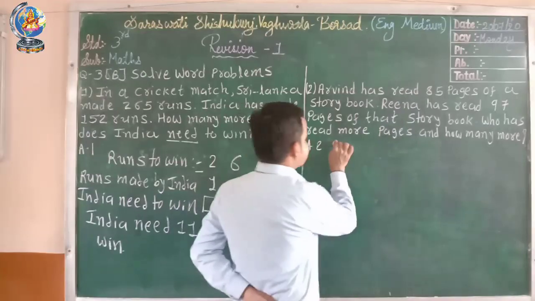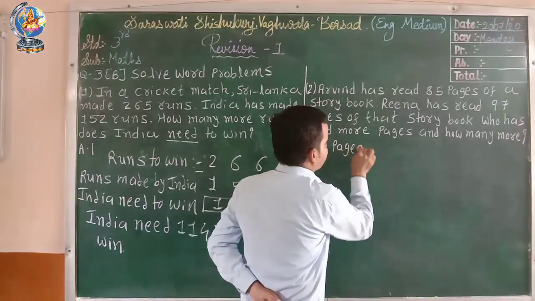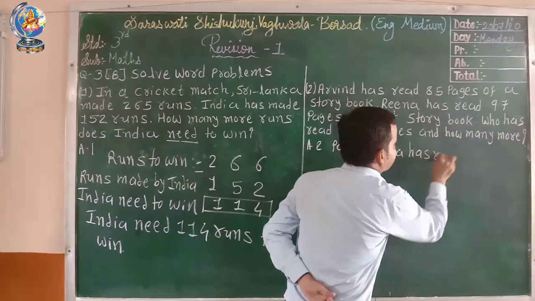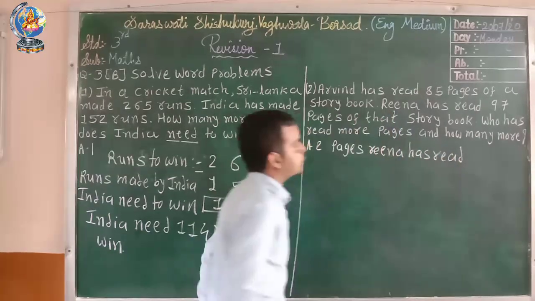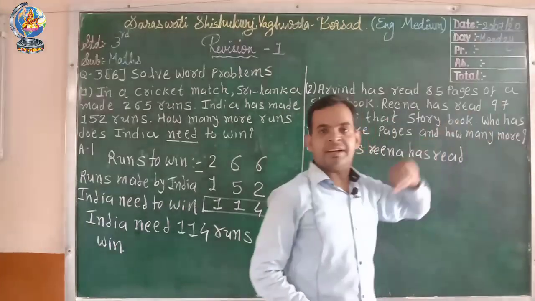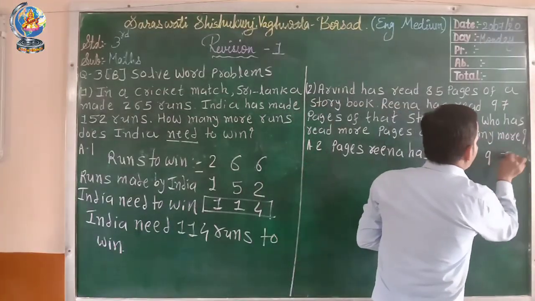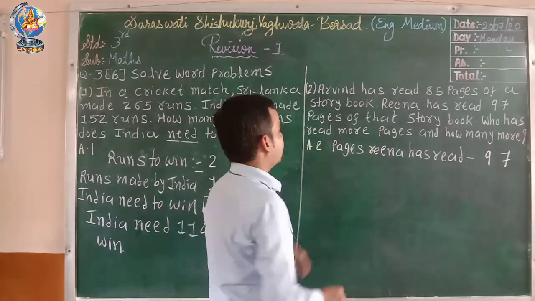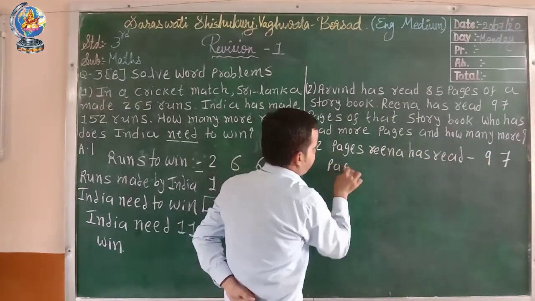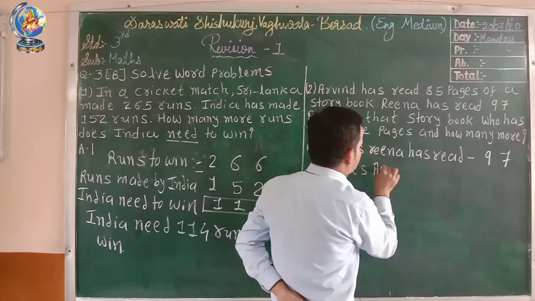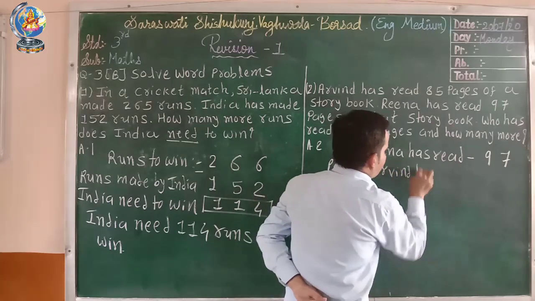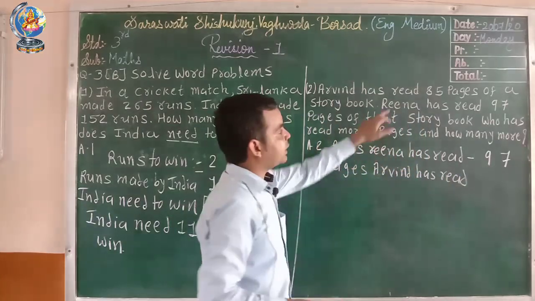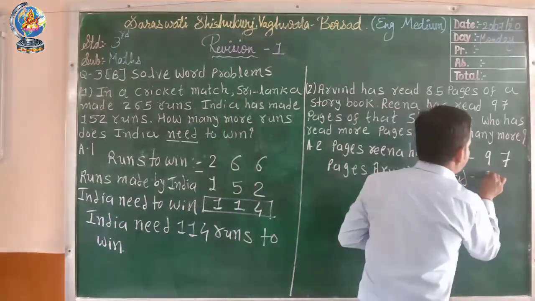So how can we write the answer? Pages Reena has read. Here Reena has read 97 pages. Now pages Arvind has read, 85.